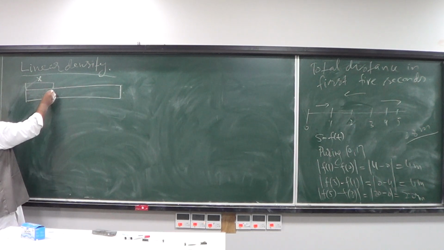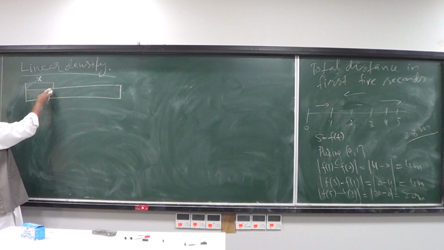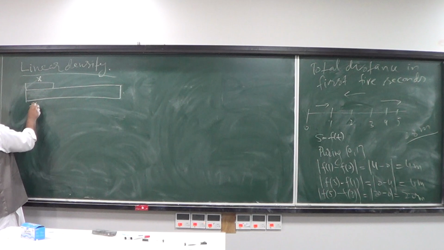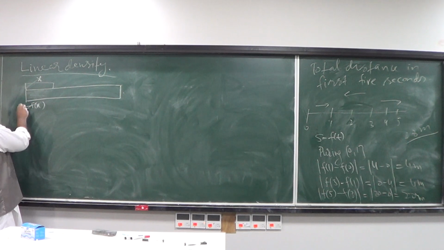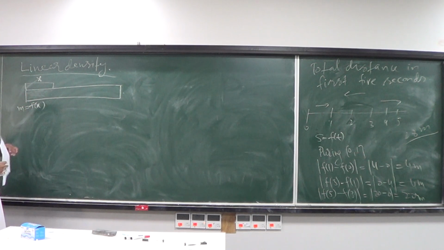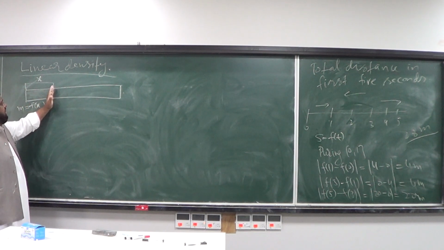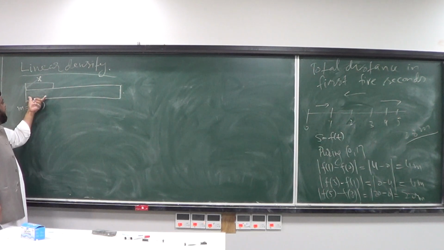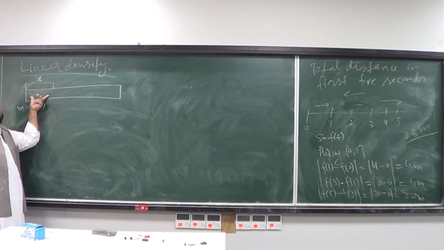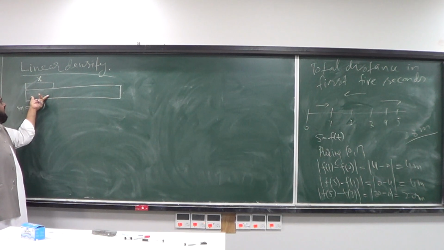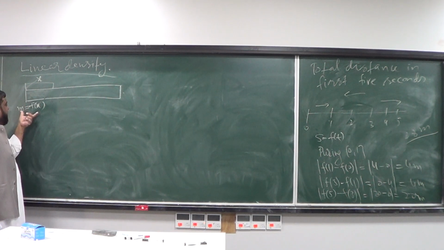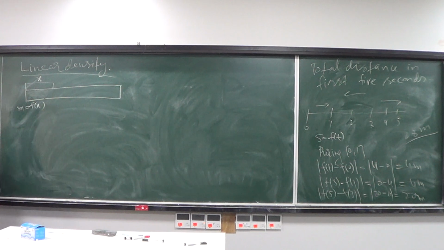Then the mass inside this part of the rod that has length x would be f of x. So f of x is representing the mass of the rod up to the length x. If you take a piece of it whose length is x, then f of x would be the mass of it.